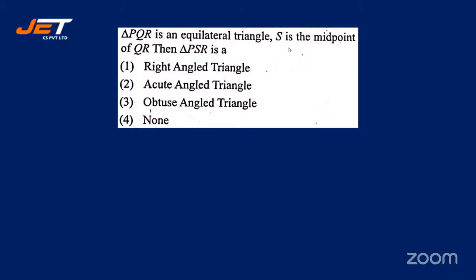We'll just continue with the sums. Here goes. Triangle PQR is an equilateral triangle. So S is the midpoint of QR. Then triangle PSR is dash.